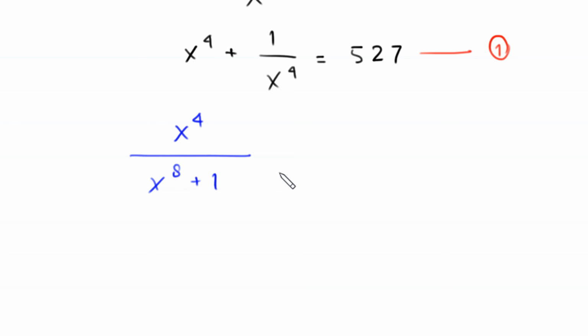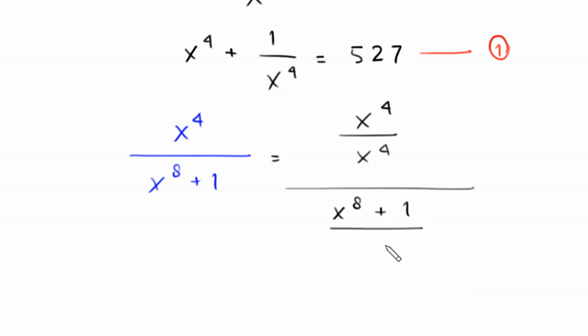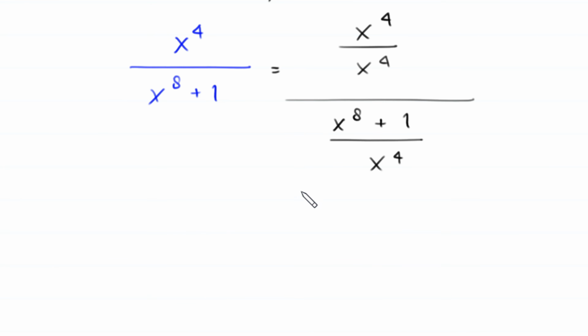So this will become x to the power 4 divided by x to the power 4, divided by the denominator x to the power 8 plus 1 divided by x to the power 4. Now this x to the power 4 will be cancelled out, and in the numerator we are left with 1.